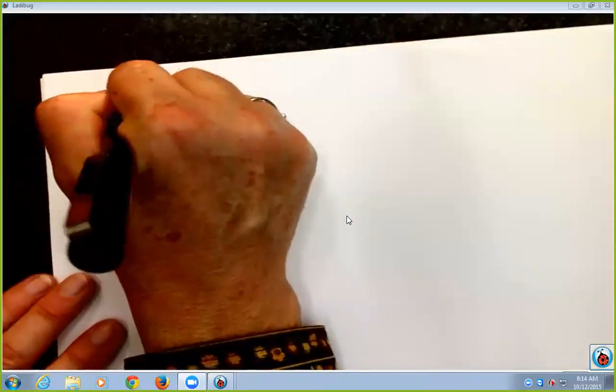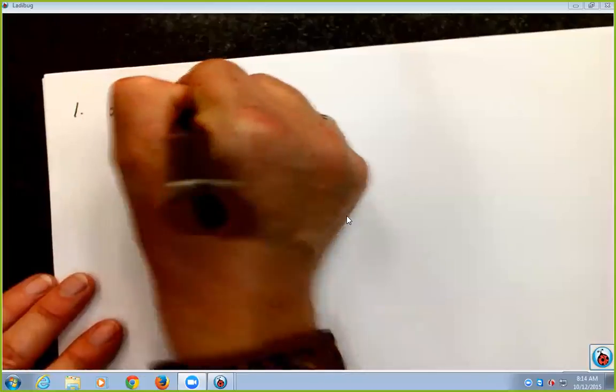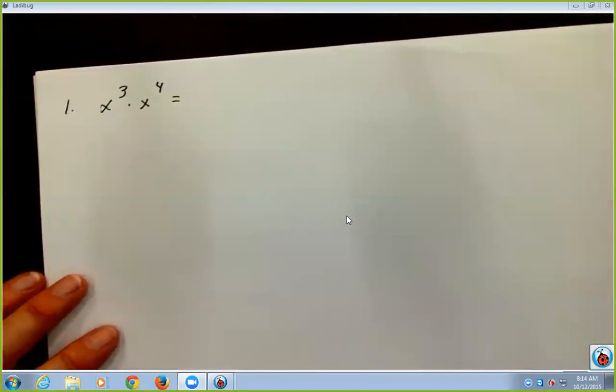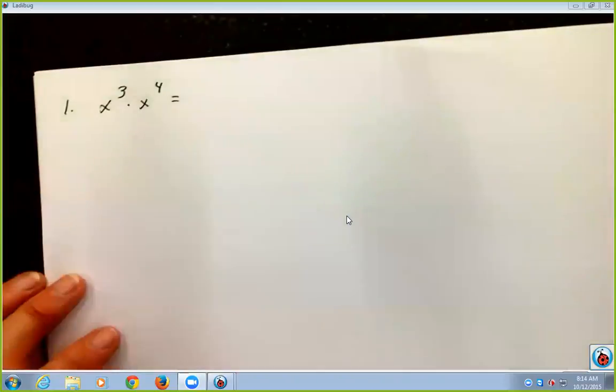Okay. All right. So let's take a little second here and review those properties that were in this section. The first one is, if I had things that multiply together, what did you do to the exponents? If the bases were the same, and I had those raised to an exponent, what did I do to those?